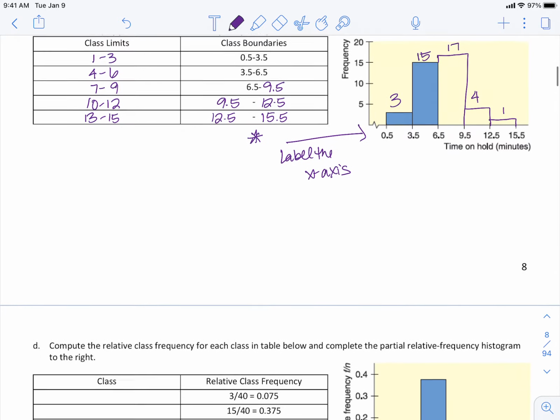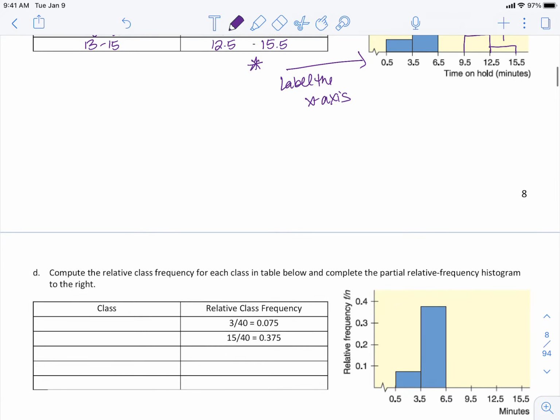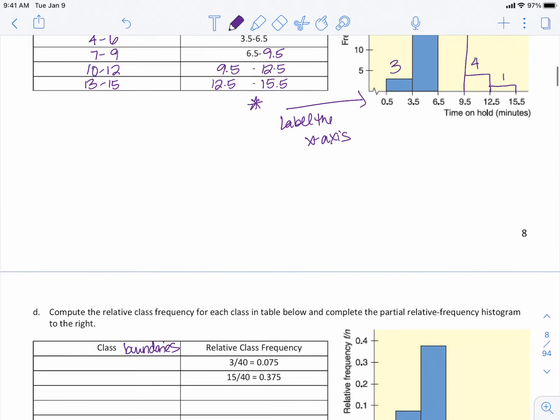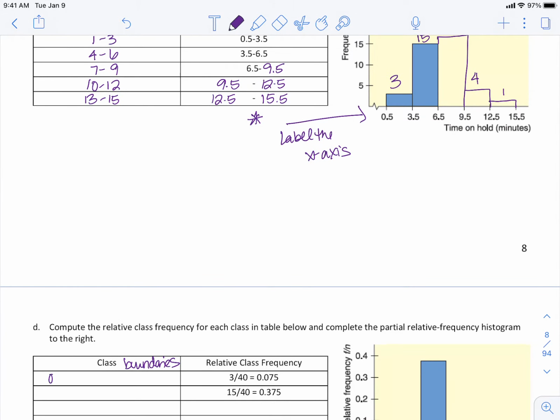Okay, it says compute the relative frequency for each class in the table below and complete the partial relative frequency histogram. So I'm going to actually change this to class boundaries. And so we're going to copy these from above here. So we have 0.5 through 3.5, 3.5 through 6.5.